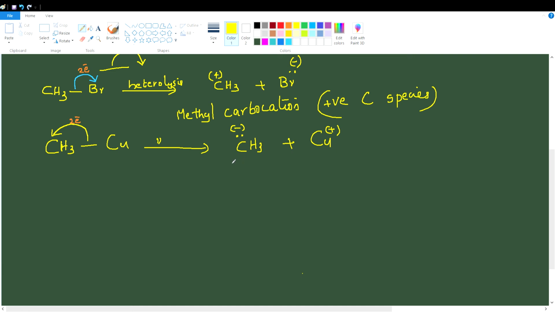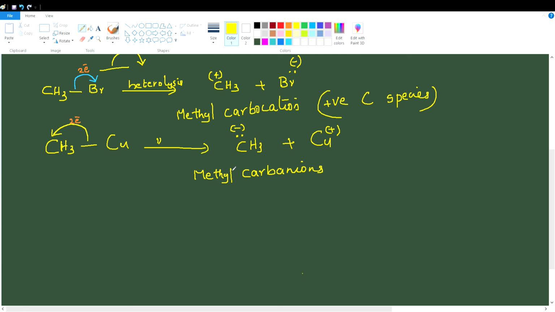Here we get another species where the carbon atom carries a negative charge. This negative carbon species is called a carbanion. This is a methyl group with negative carbon, so this is methyl carbanion. And Cu plus ion are the products.